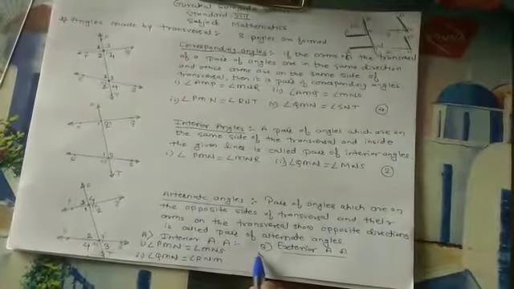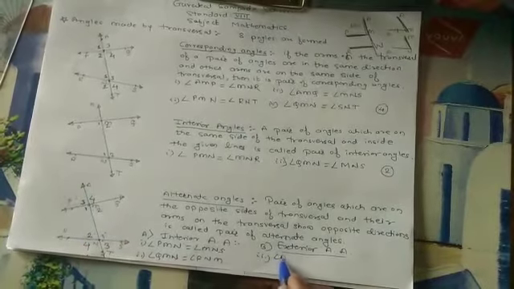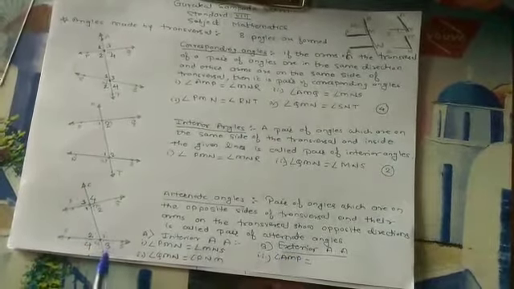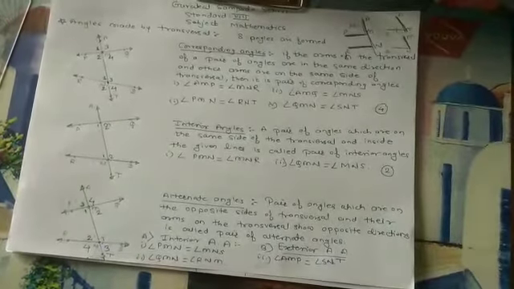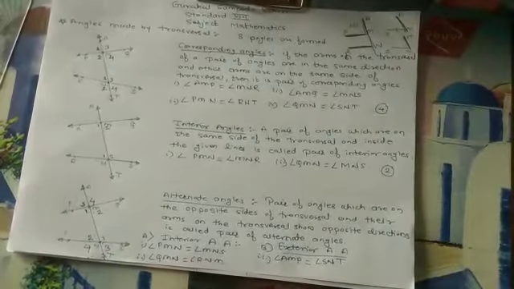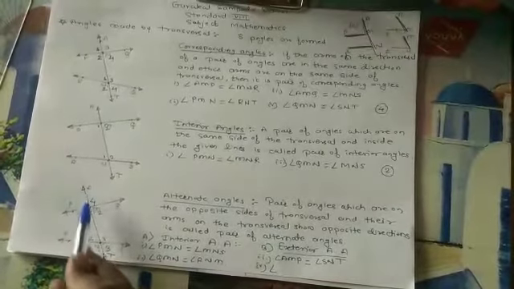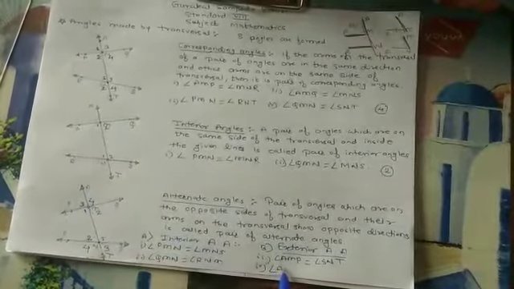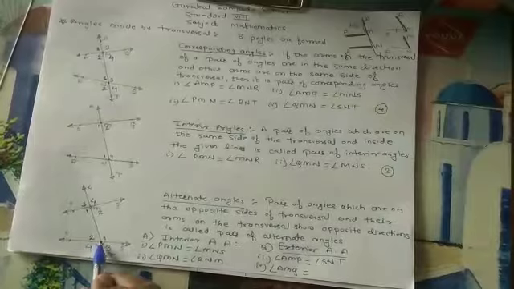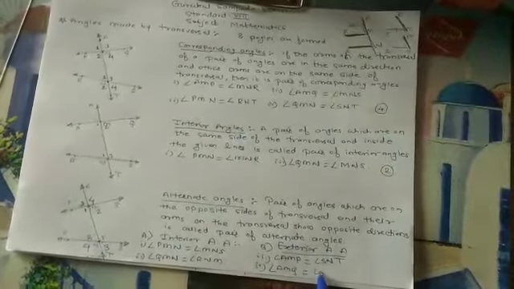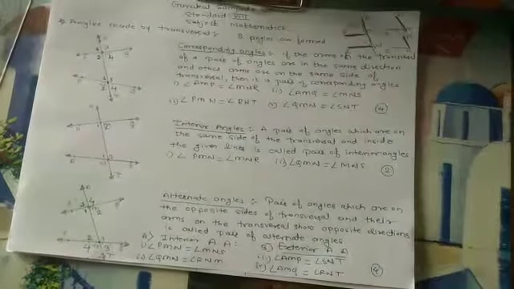So we can write the third pair: angle AMP, which is equal to angle TNS, here S and T. And the fourth one is angle AMQ, which is equal to angle RNT, outside, R and T. So these are again four pairs of alternate angles.